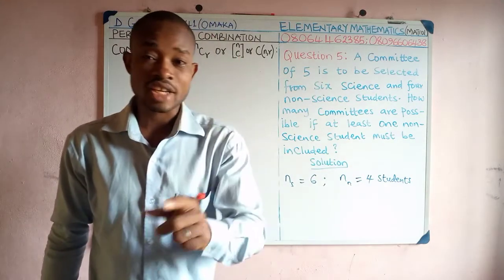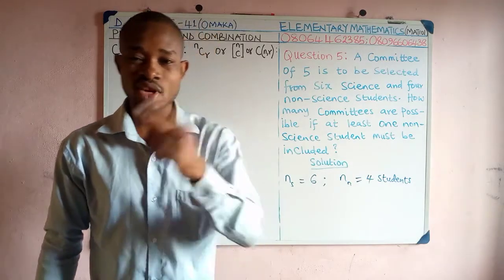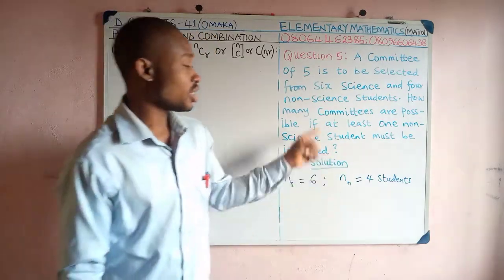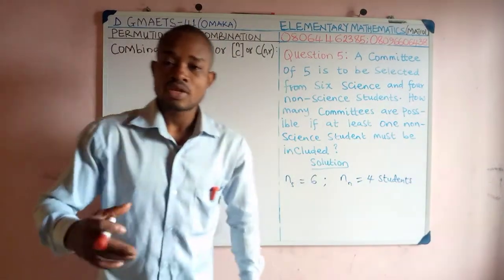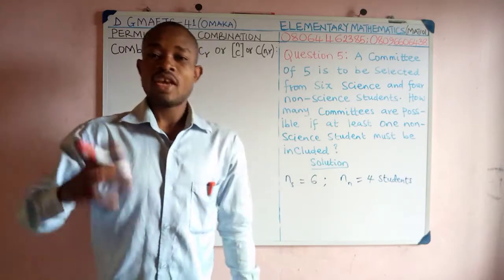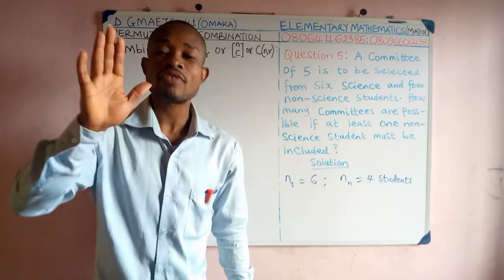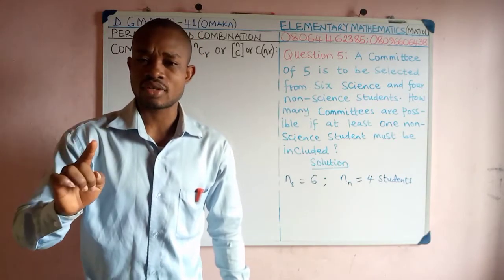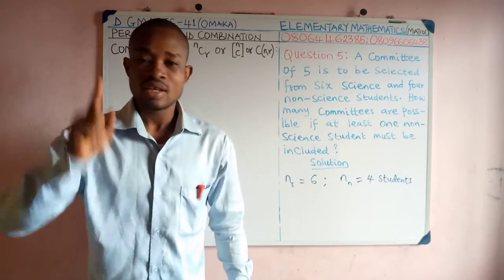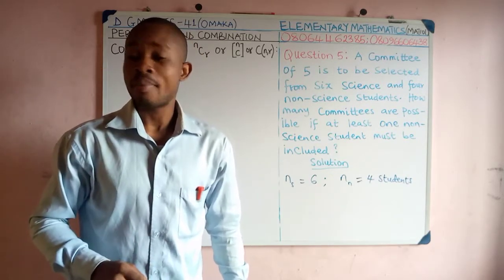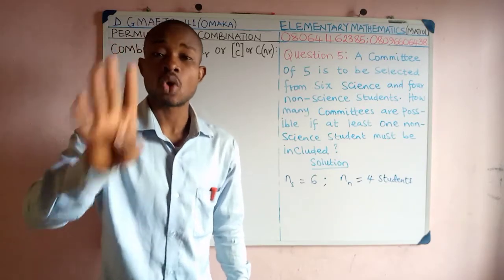5 students. And take note, there is no room to pick all the students from the science group without a non-science student being there, because the condition is that there should be at least one non-science student. It means all 5 students can never be science students. The highest number of science students you can have in any selection is 4.